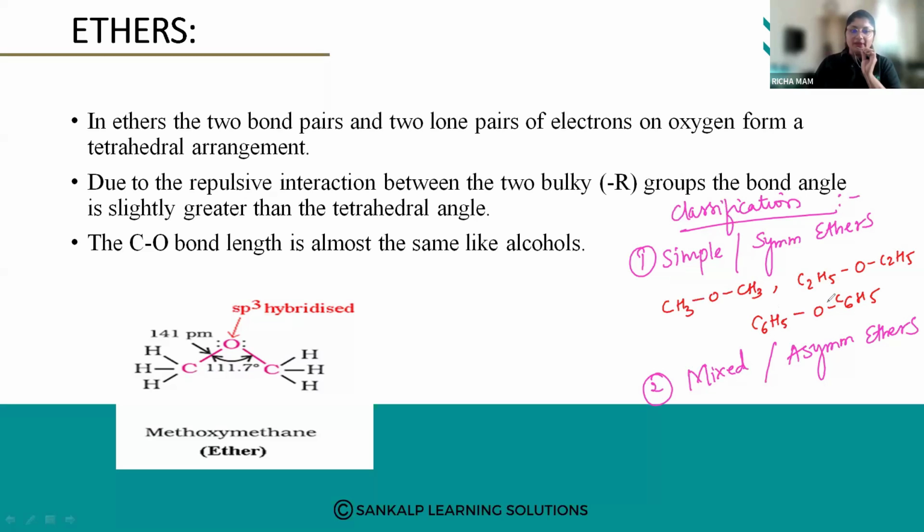Now, what do you mean by this? If the alkyl or aryl groups attached to the oxygen are the same, on either side of the oxygen, the alkyl groups or the aryl groups are the same, then they are termed simple or symmetrical.